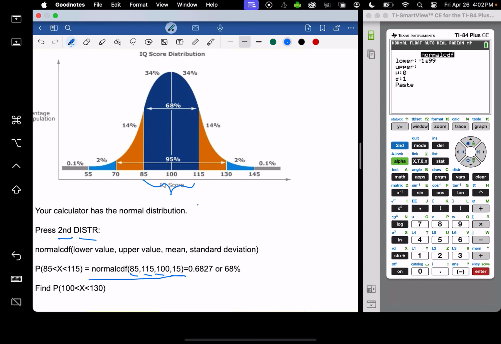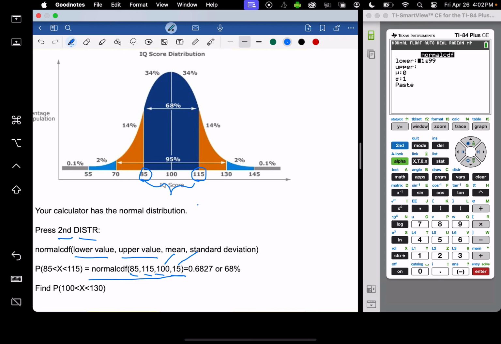But either way, you're giving your calculator 4 pieces of information. Lower value, upper value. So we're going to say 85, 115, and then we'll say mean, standard deviation. So the 2 parameters of the distribution are last in this case.